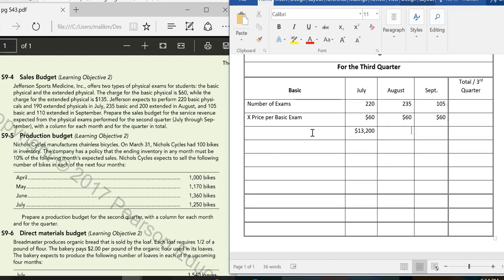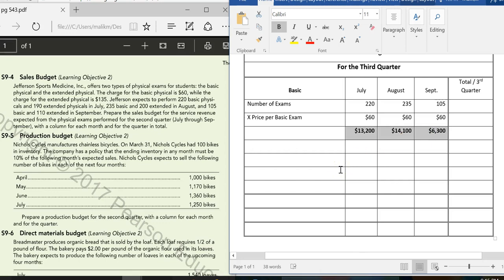And if you multiply 235 times 60, I got 14,100. And if you do September, that means 105 times 60, I got 6,300. So this is their basic physical exam sales for these 3 months.